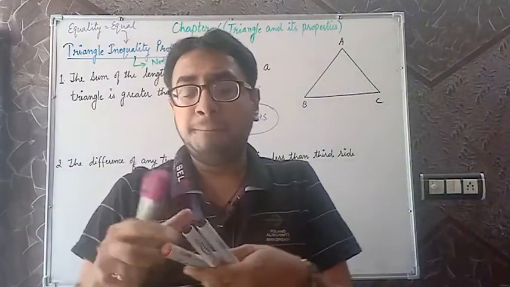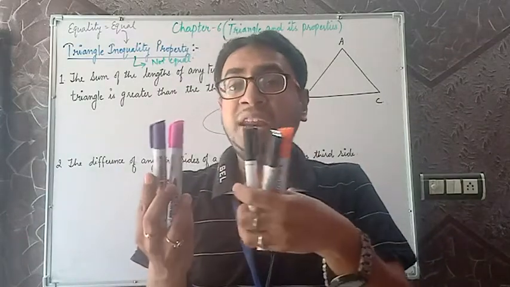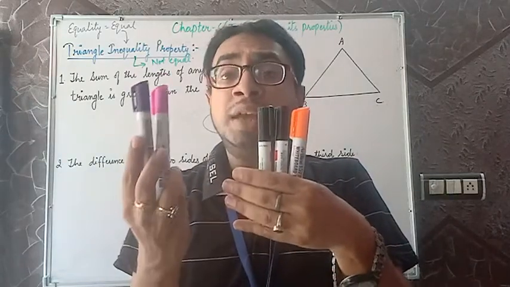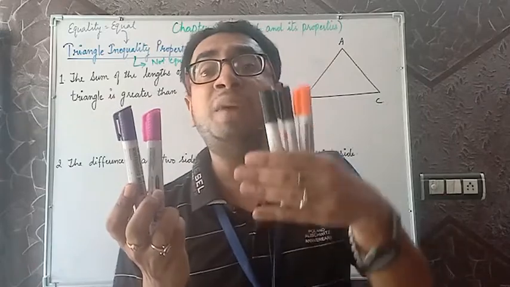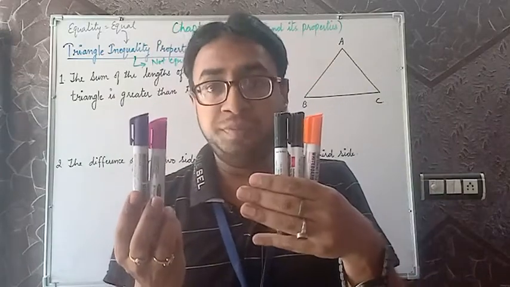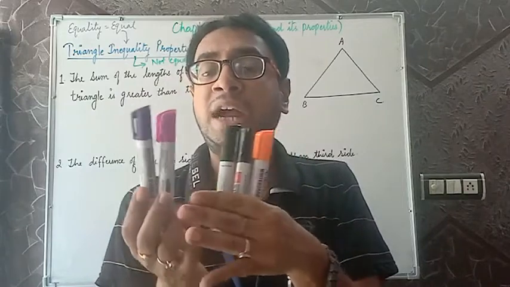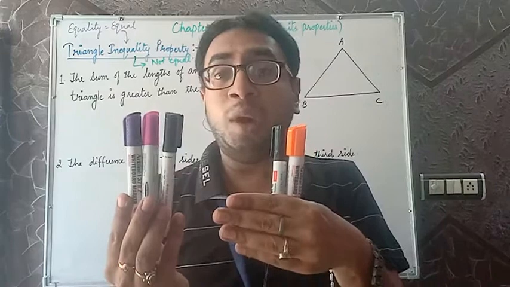Observing this, we are having 3 markers this side and 2 markers this side. Can I say the number of markers on this side is greater than the number of markers on this side? Yes or no? Here 3 markers are there, here 2 markers are there. Now I did something. Have you observed what happened?